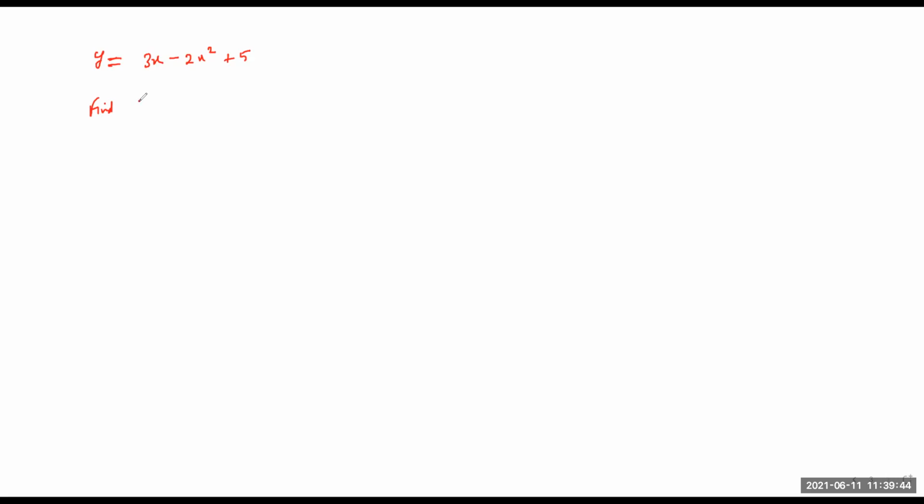If an expression is quadratic, the differentiation will give you a linear equation. When you differentiate a function, you get an expression with power less by 1. Quadratic differentiation gives linear. If you differentiate linear, you get constant. If you differentiate constant, you get 0.